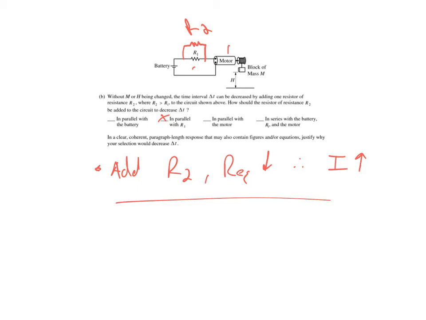So how do we put this in words? Well, we know that if I have more voltage, it's going to lead us to the motor working faster, which will give us less time.